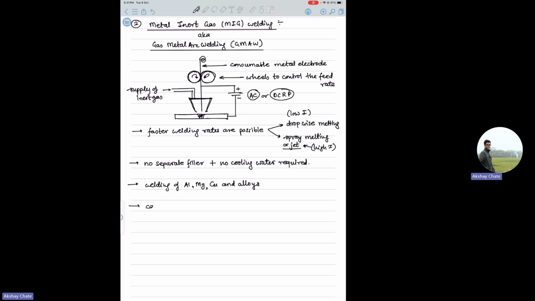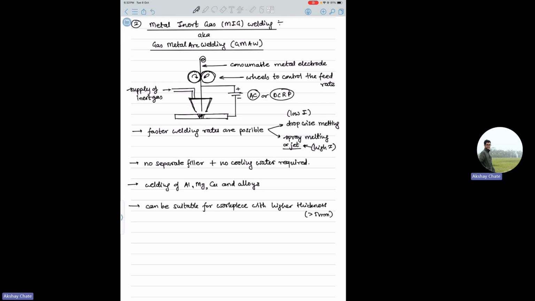It can be suitable for workpieces with higher thickness, and higher by that we mean typically greater than 5 mm. In TIG you have to be careful because then you have to use filler, and you have to make sure that filler melts, because when you have thicker materials, you need a higher welding deposition rate, right? So those things are there.